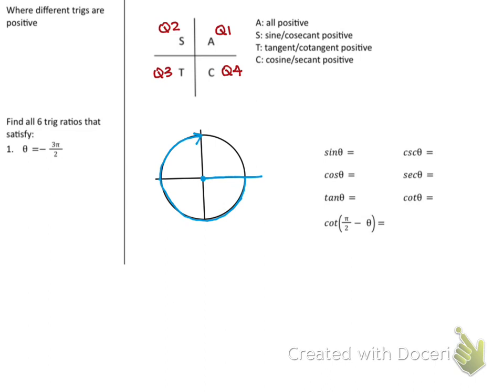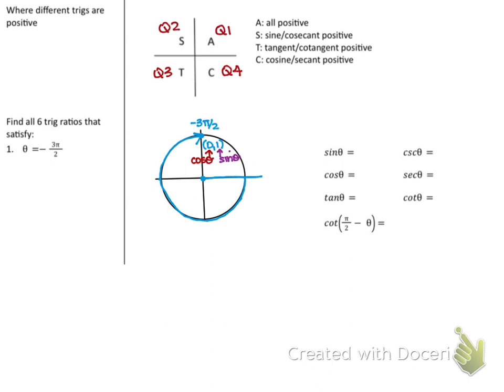Negative 3 pi over 2 is the exact same location, or coterminal, with pi over 2. And then I know this point up here at the top is going to be (0, 1). Remember, as we've already talked about, the x value is going to be cosine and the y value is going to be sine.